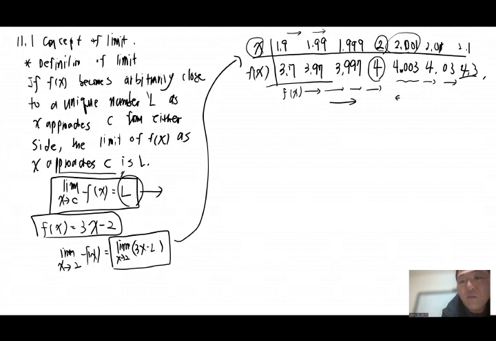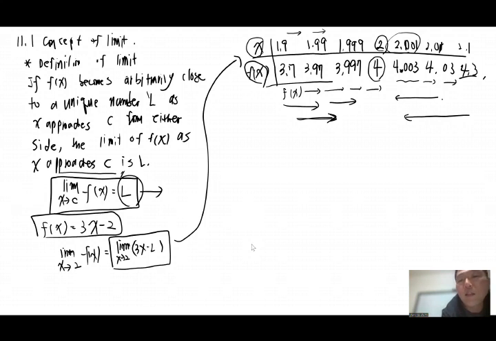So depending on which direction you're looking from, as x approaches the number 2, f(x) also approaches the number 4 from the negative direction and the positive direction.